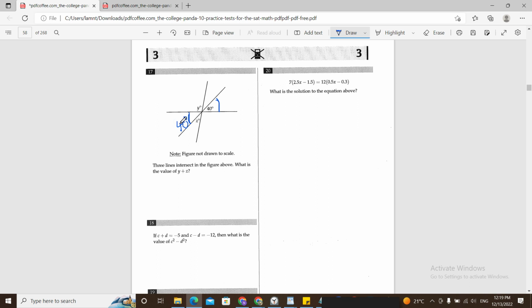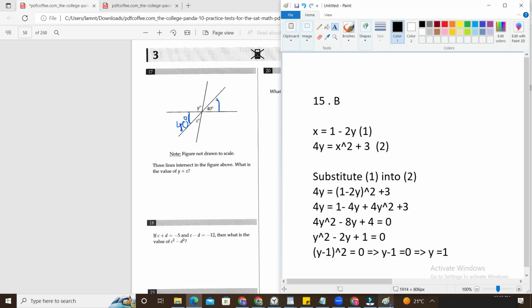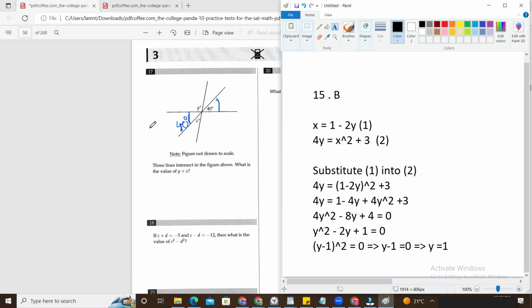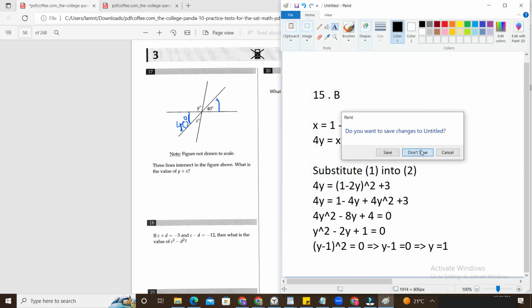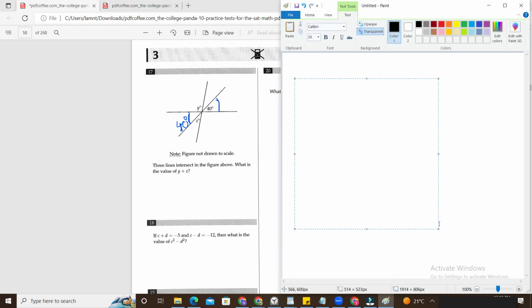Now you can see that y, z, and this 40-degree angle make up a straight line, which is 180 degrees. So y plus the 40-degree angle plus z is 180.